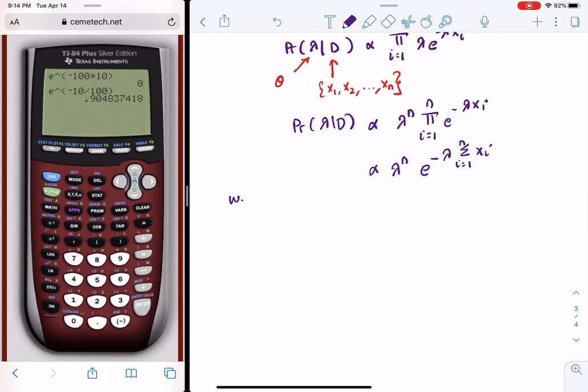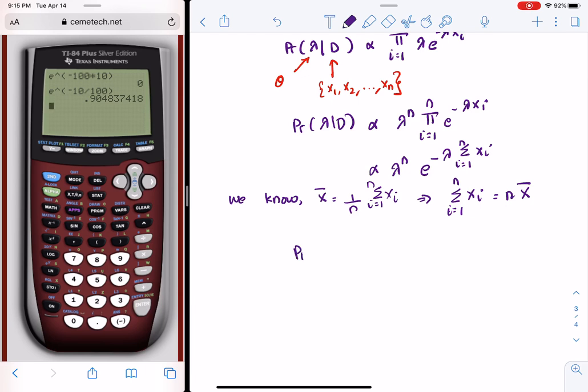Now we know the sample mean x bar is 1 over n times the sum of i equals 1 to n of xi, which would imply the sum of i equals 1 to n of xi is equal to n times x bar.